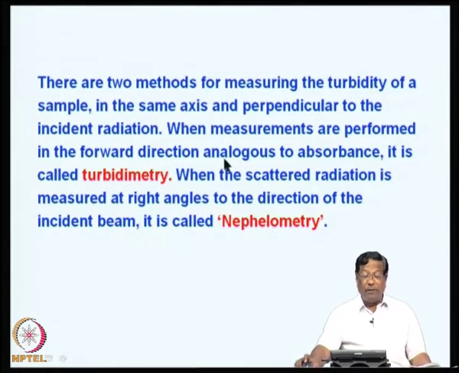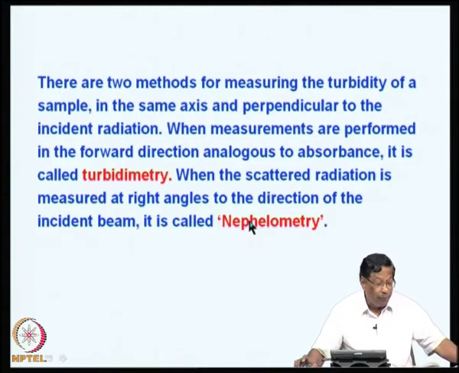When measurements are performed in the forward direction, analogous to the absorbance, it is called turbidimetry. When the scattered radiation is measured at right angles to the direction of the incident beam, as I showed, it is known as nephelometry.